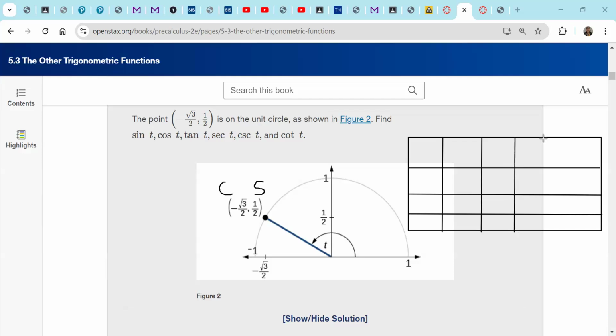I'm going to write here. And then we go further down here. Here is the sine function. Here is the cosine function. Here is the tan function, the tangent.